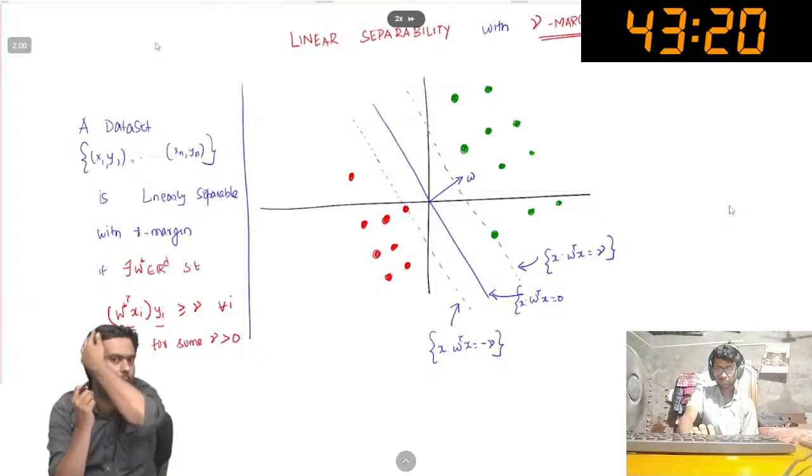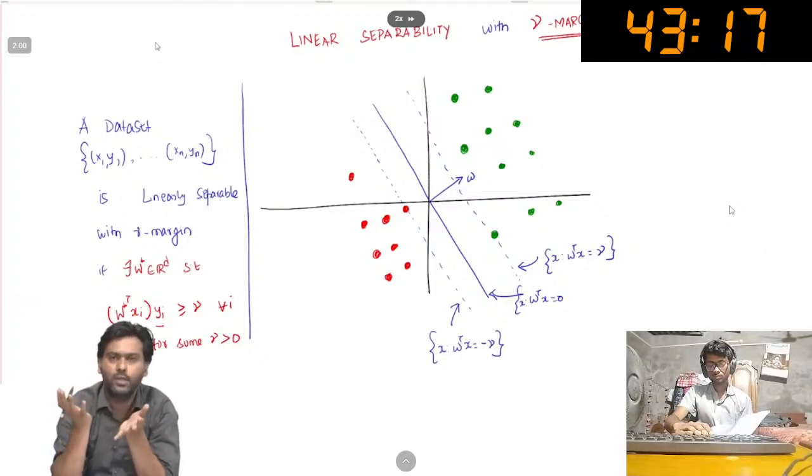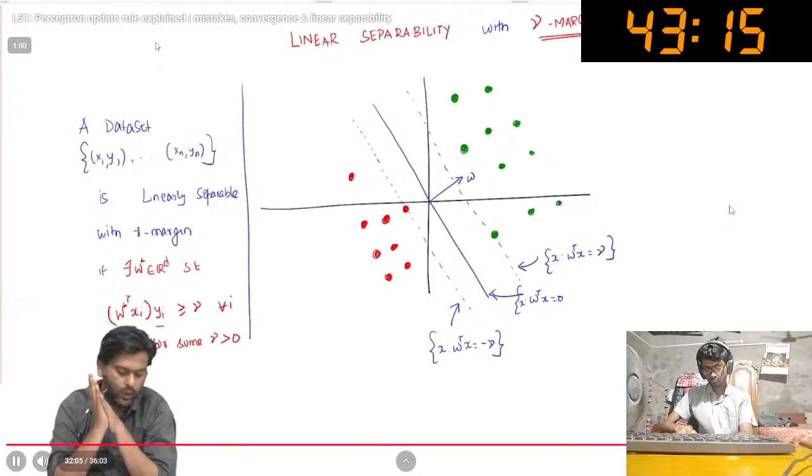The gamma cannot be 0. So the gamma is a positive quantity. Think of this as 0.1, still okay. 5 is still okay. 100 is still okay. So it cannot be 0. It has to be some positive quantity.